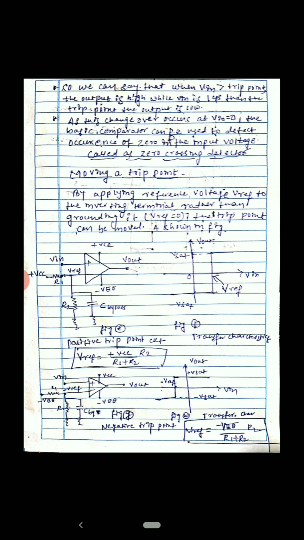Your output should change at 0, right? But because of the noise voltage also, your output is changing. So this is the problem. We will see how we can rectify this.